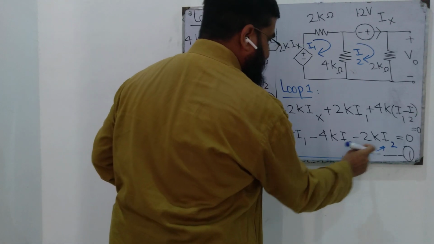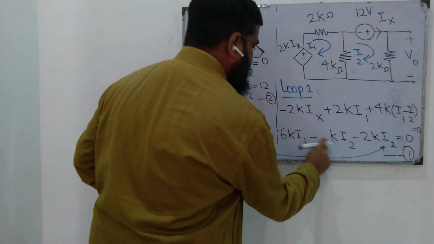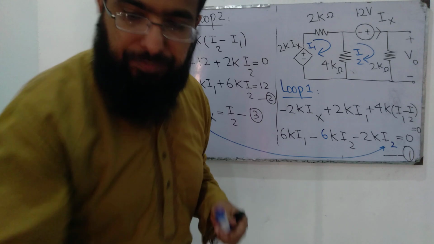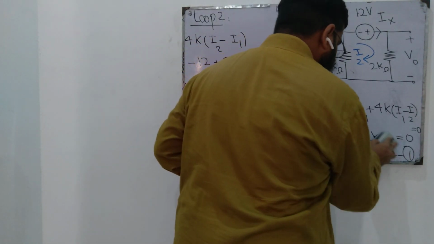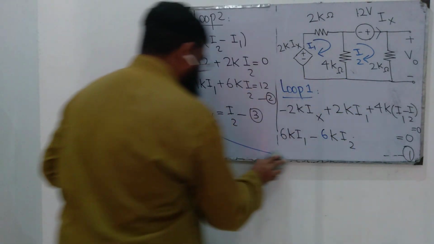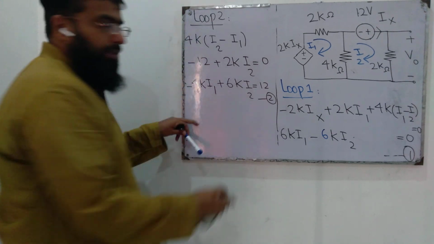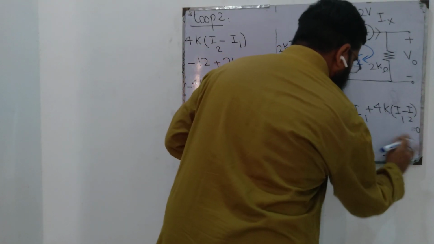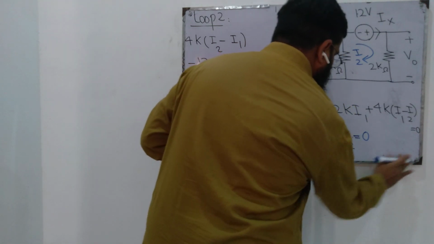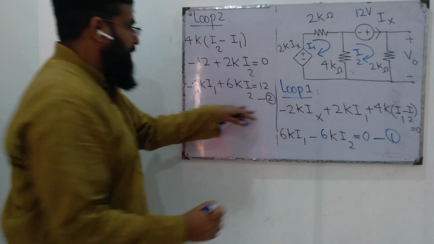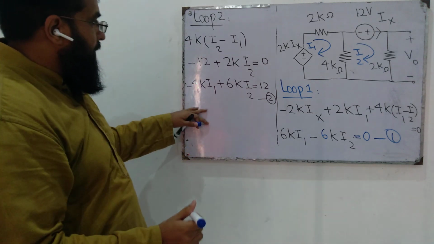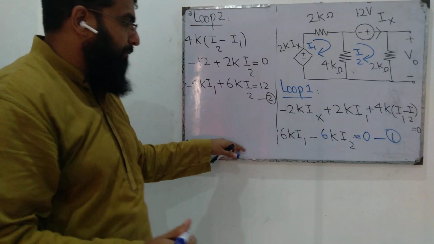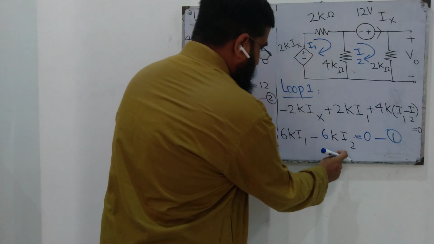So minus 4k I2 minus 2k I2 becomes minus 6k I2, is equal to 0. Now we have the modified equation number 1 and equation number 2: two equations, two variables.